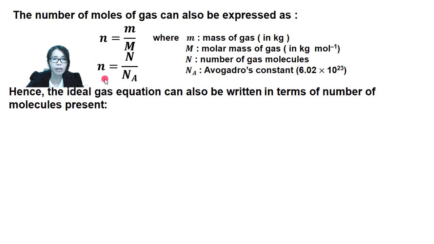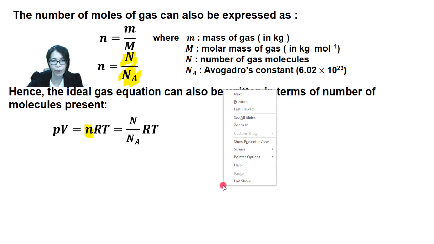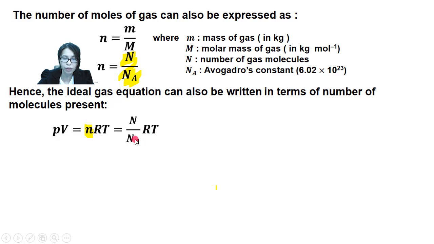So class, because we can relate the number of moles with the number of gas molecules, the ideal gas equation can also be written in terms of the number of molecules. We have the ideal gas equation PV equal to nRT. The n I will replace with N over Na. R is the molar gas constant, Na is the Avogadro constant.